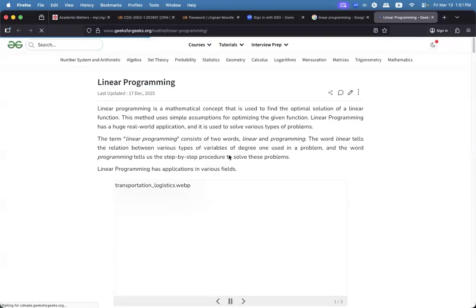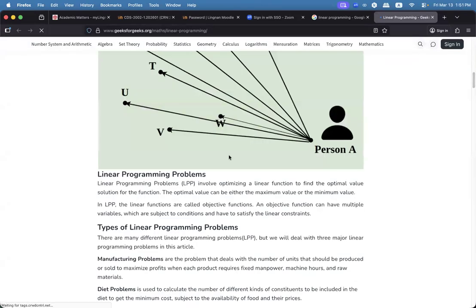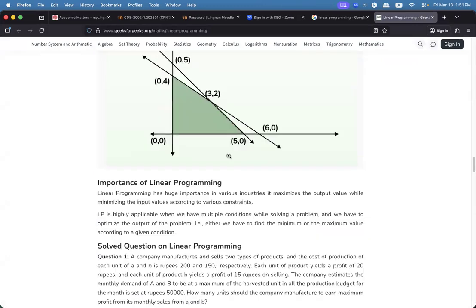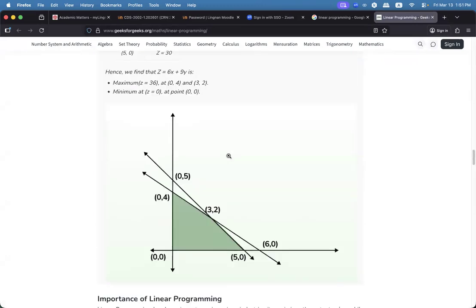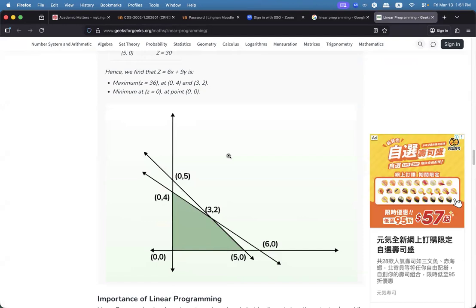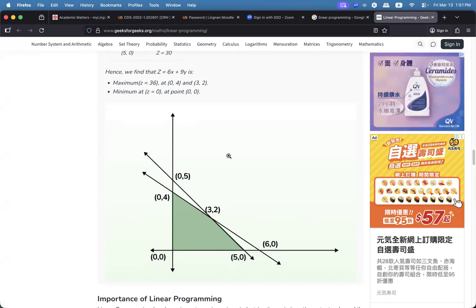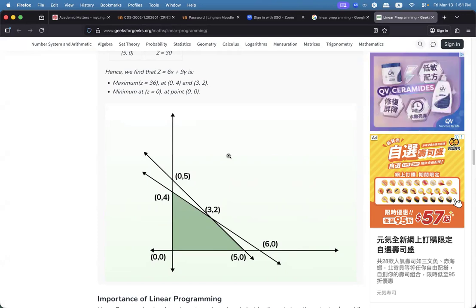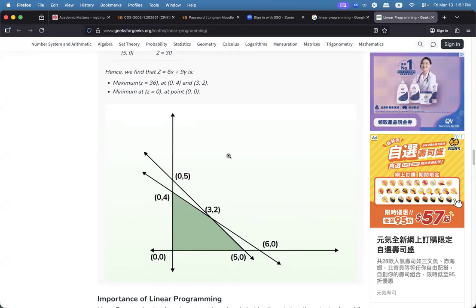Essentially, I believe that you have learned it. I believe that this is part of the curriculum in the DSE. You are given two different equations, and you want to find the optimal value in the space.